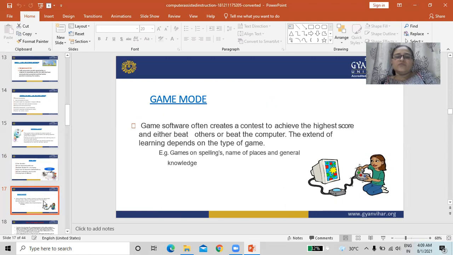The extent of learning depends on the type of game, for example, games on spelling, names of places, and general knowledge. So these games increase student learning.